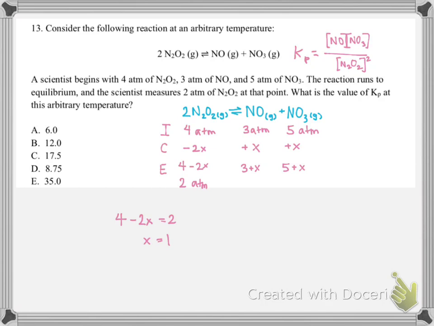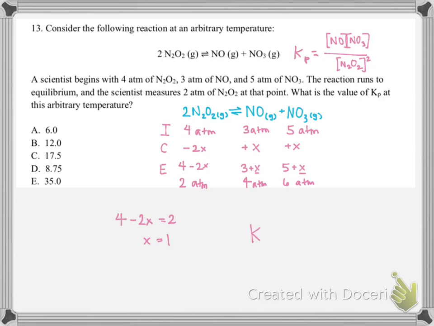And if we know our x, we can use it to figure out how the NO and the NO3 changed. So we can plug in our x here and here to get that their equilibrium pressures would be 4 atm and 6 atm. These are the values that we'll plug into our Kp expression.